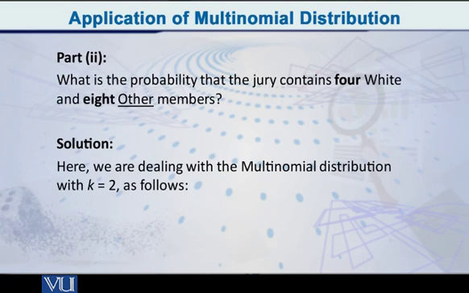Now you have only 2 categories, white and non-white, other. So therefore, this time we are not dealing with the trinomial distribution. Rather, I think you've got it, we are dealing with the binomial distribution, because now k is equal to 2.